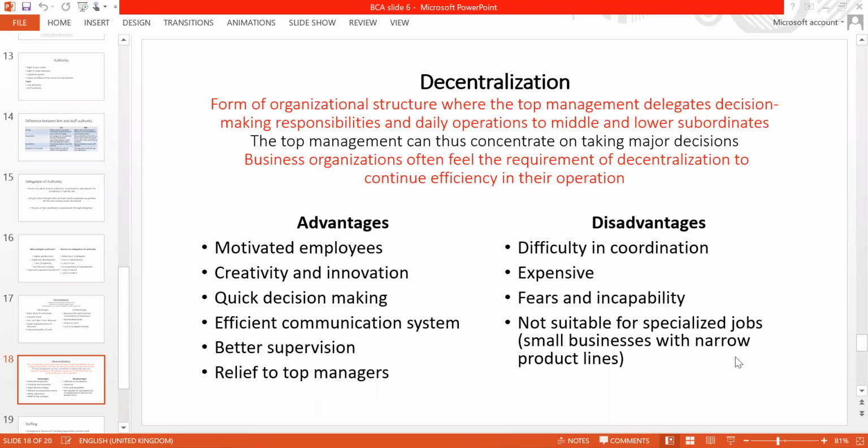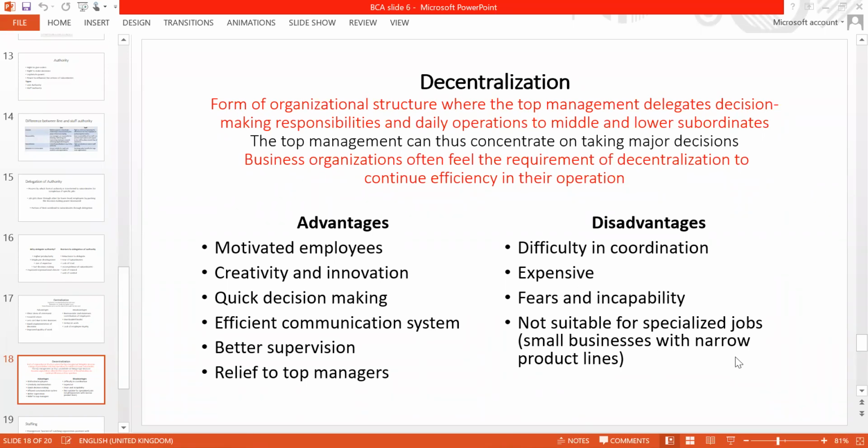Rest are delegated downwards. Business organizations often feel the requirement of decentralization to continue efficiency in their operations. So decentralization is very important to bring about efficiency in your work. If you have the centralized system, as we saw, there are many disadvantages of getting the work done slowly.